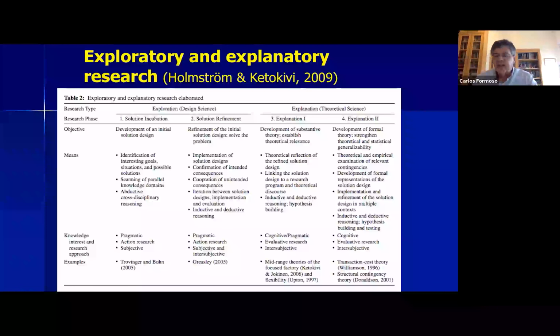Third stage, explanation one. What is explanation one? It is understanding why it works, right? Why the Last Planner System brings benefits in terms of removing waste or reducing project lead time and so on, right? So it's an assessment of utility, right?